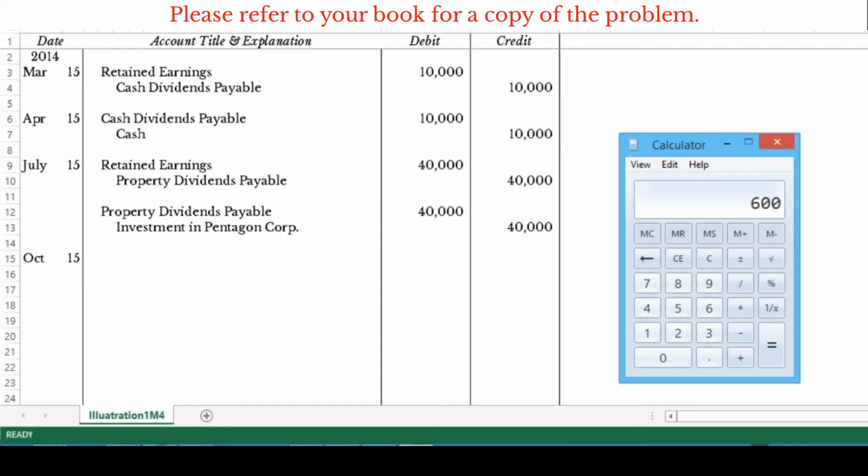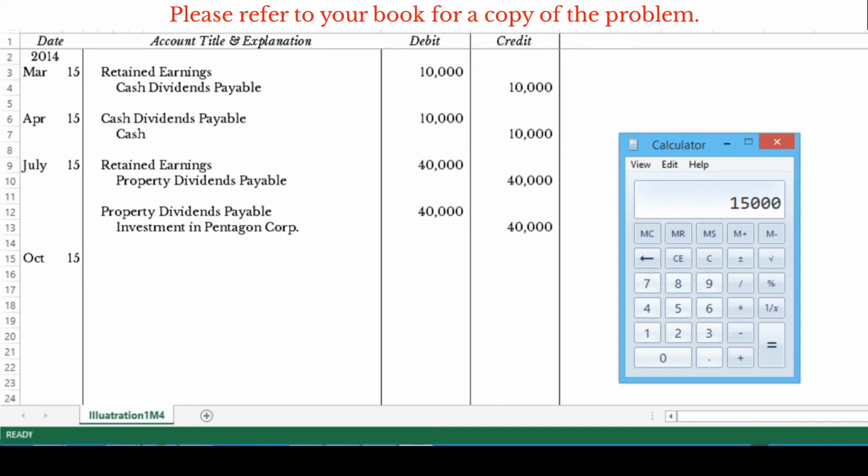Syempre, hahatiin mo yan sa kanila based doon sa number of shares na currently ay hawak nila. Now, on this date, may binigay dyan na selling price na 50 pesos? We will not use that because this is a large stock dividend. Gagamitin lang natin yon if this is a small stock dividend. Therefore, we will multiply the 600 shares by its par value of 25 pesos. So, that is 15,000.